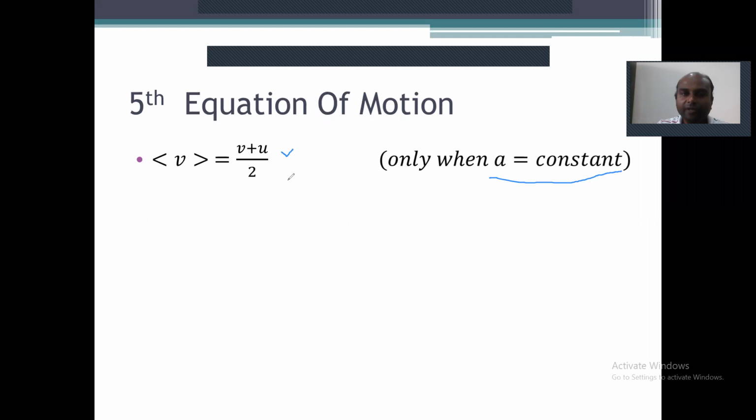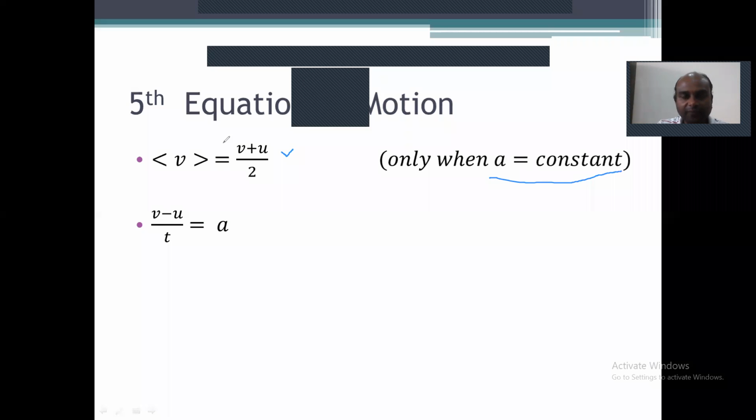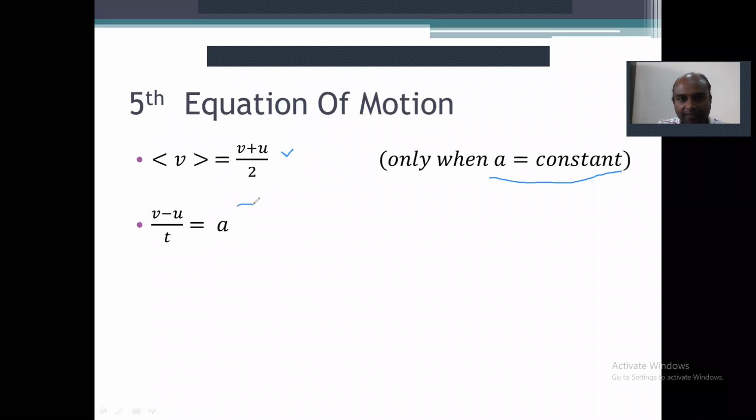Now we will use this concept to derive the fifth equation of motion. We also know one more thing, that v minus u over t is a. This is the definition of acceleration. The change in velocity divided by time gives you acceleration.